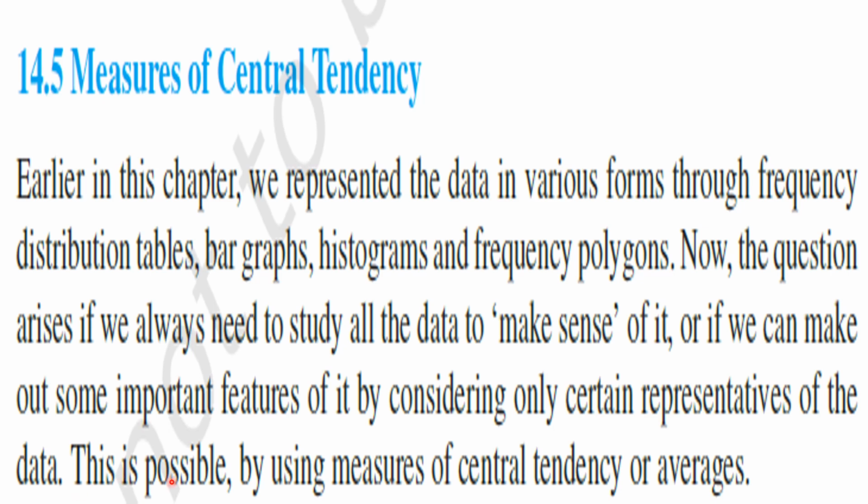This is possible by using measures of central tendency, or averages. These are also called averages. So by using the measures of central tendency, we can study the important features of the given data.